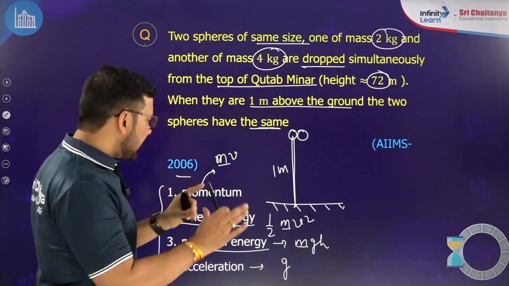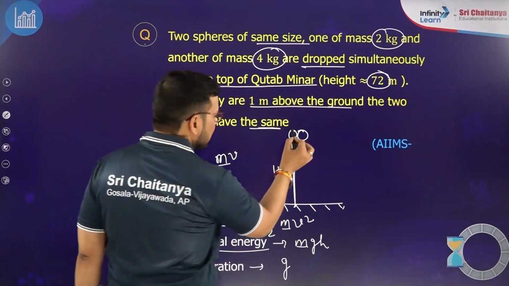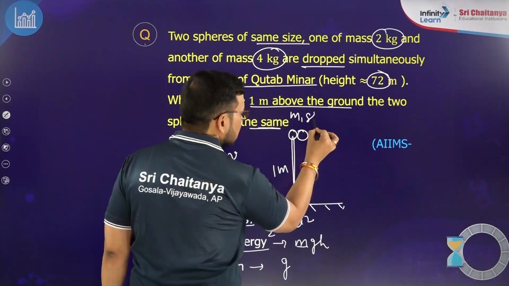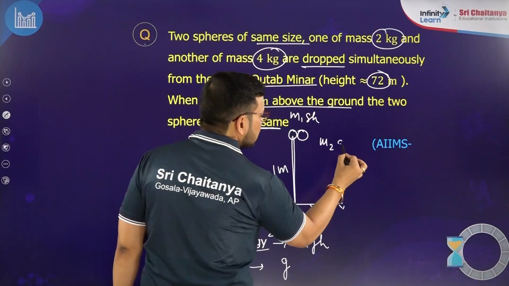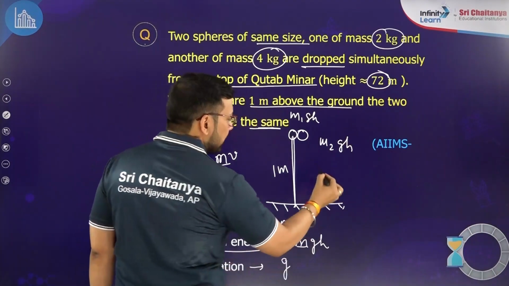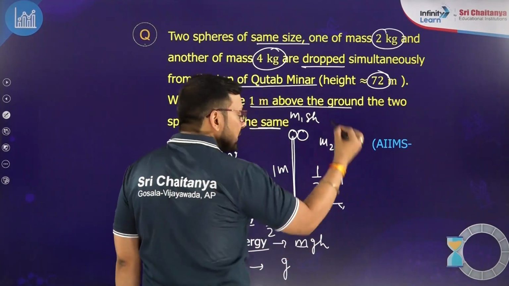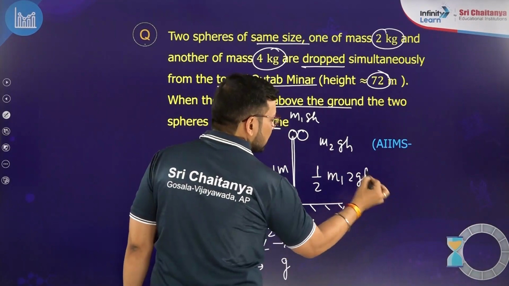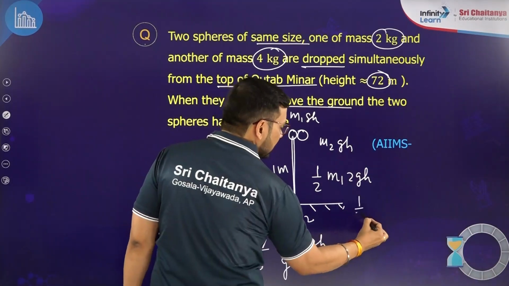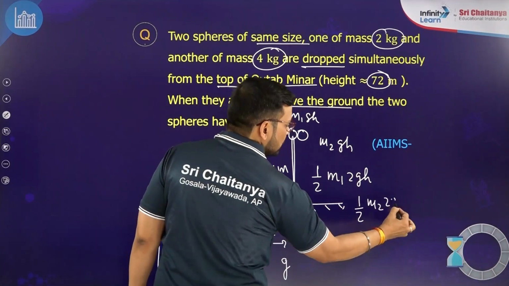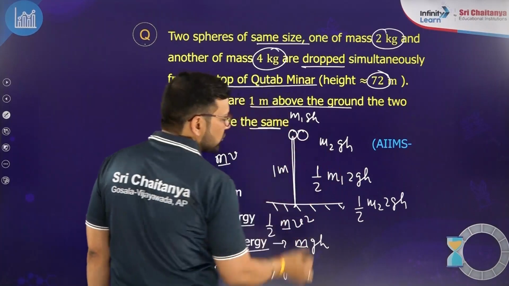If you want a precise discussion, here potential energy of first will be m1gh and second will be m2gh. That has to be different. Kinetic energy at this instant for first will be half m1 v squared, v squared is 2gh, h is same, and second will be half m2 2gh. That has to be equal to potential only.